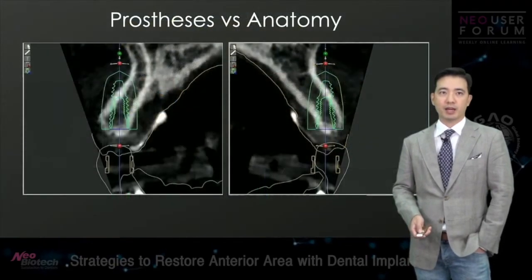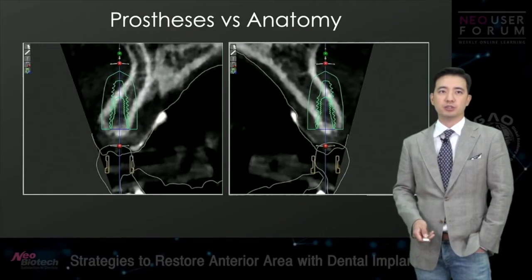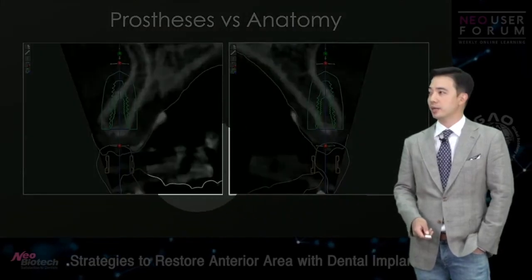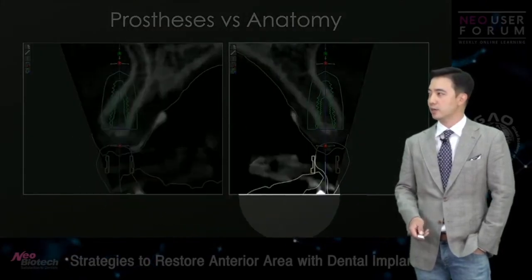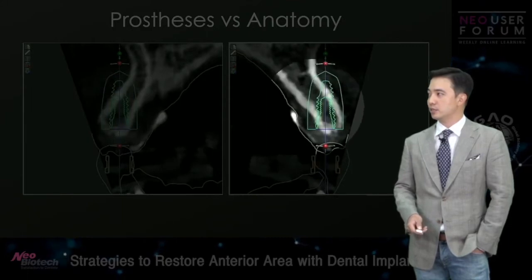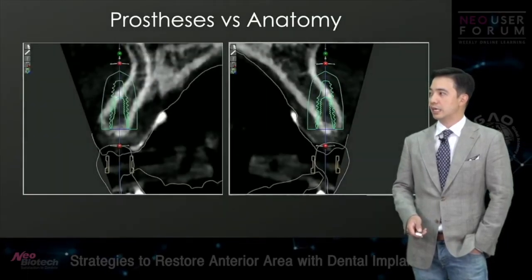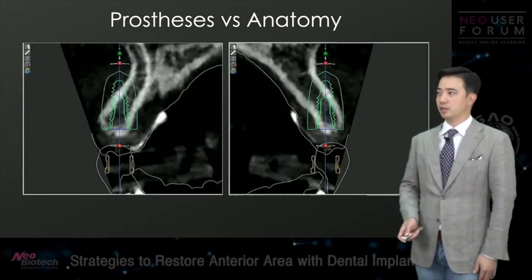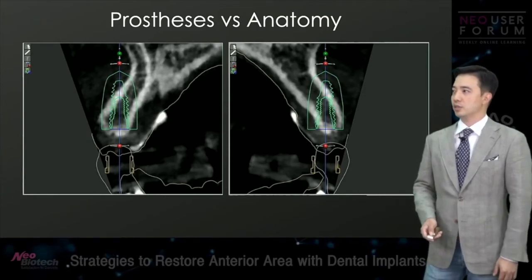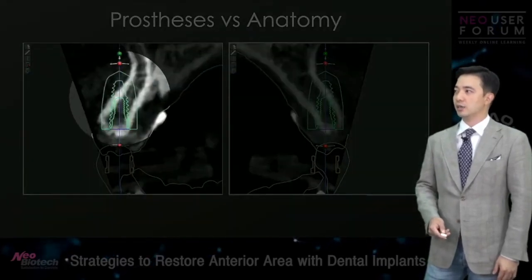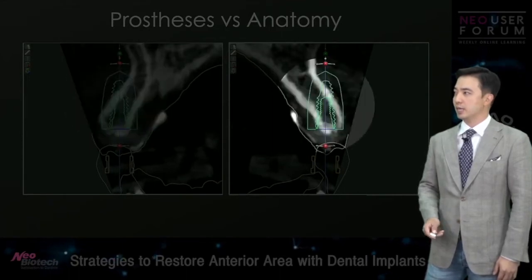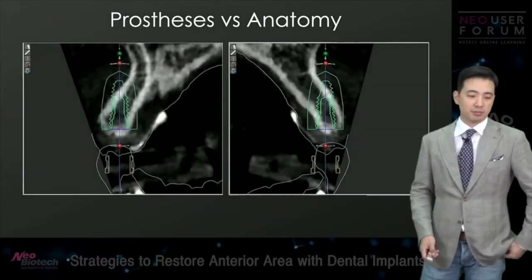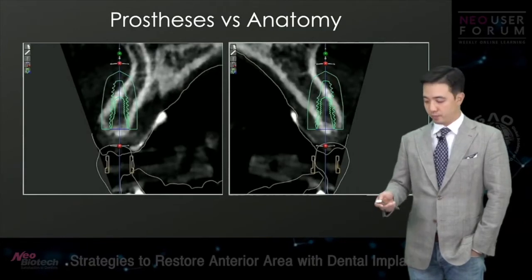But I wanted my implants to come out of the cingulum area for the sake of the prosthesis. So I told the technician to shift or tilt the implant position. And I said, I don't care if the apex of the implant comes out of the bone or not, I can just add a little bone, then that's gonna work.